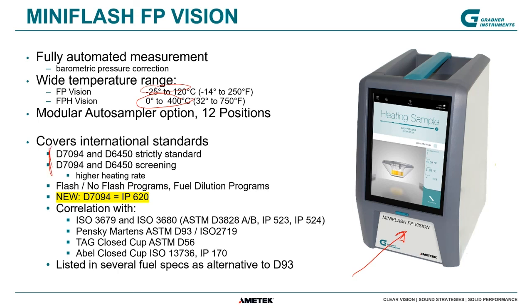I've mentioned these standards. There is also a corresponding standard from IP, the Energy Institute, and then of course we have correlations, especially with the Pensky-Martens standard, but we also have no-flash programs and dilution programs in there. And meanwhile, we are listed in several fuel specifications as an alternative to D93 as a flashpoint tester, which is more efficient, produces less pollution, and consumes less sample.